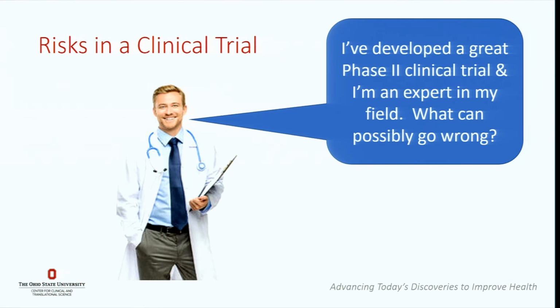Okay, so it looks like we've got some risks in clinical trials, and we're going to sit down with this investigator, and he's assembled a fantastic multidisciplinary team, and he definitely has coordinators. And so we're going to mitigate those risks as we go along.